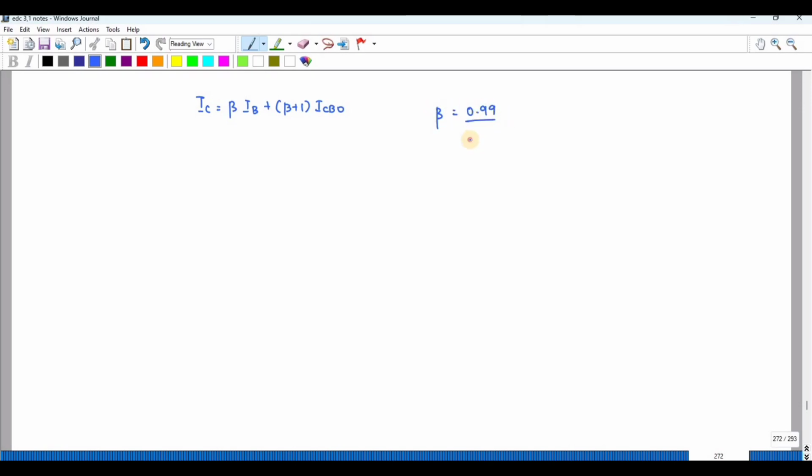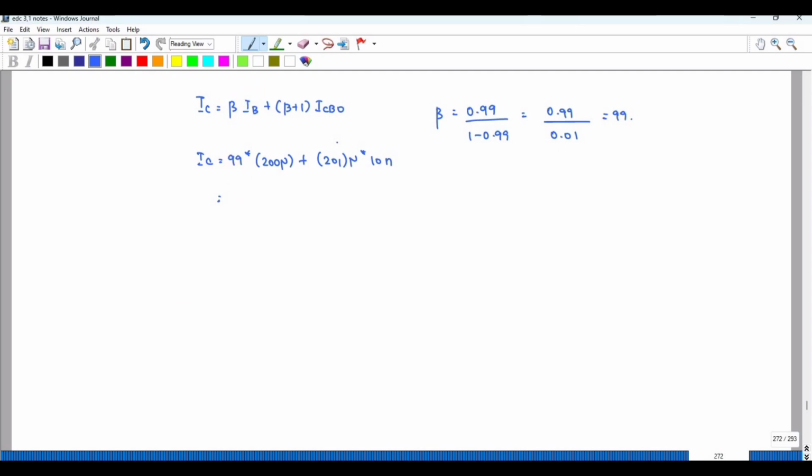Beta is equal to 0.99 divided by 1 minus 0.99, that is equal to 0.99 divided by 0.01, so beta is equal to 99. So you substitute here 99 into IB. IB is 200 micro plus 100 micro into ICB naught. ICB naught is 10 nano.